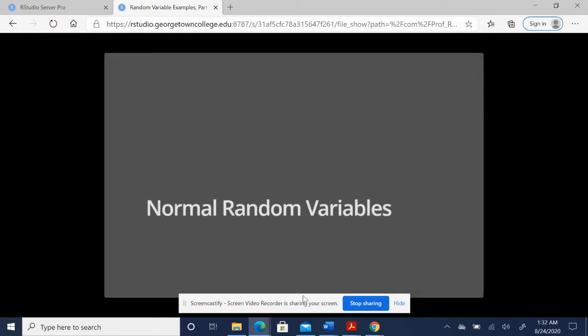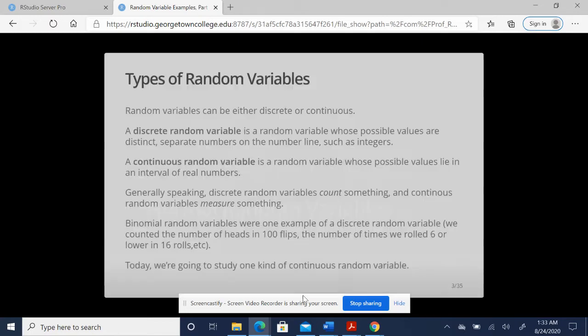Normal random variables are a very important concept in statistics. There's a lot of basis on the idea of what is normal and what is a normal distribution throughout our statistical assumptions. So let's look at some types of random variables we're going to be dealing with here.